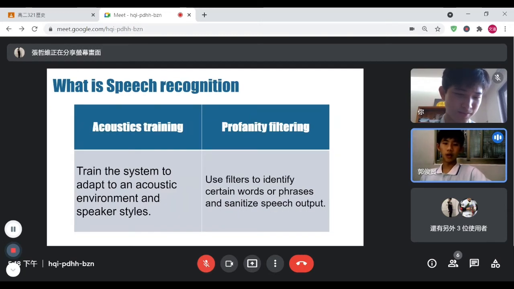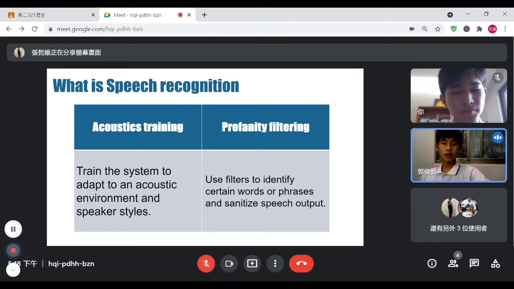Third is acoustics training: train the system to adapt to an acoustic environment and speaker styles. This works like the ENC in headphones. The ENC uses 2 microphones. One is to gather the speech from the speaker.